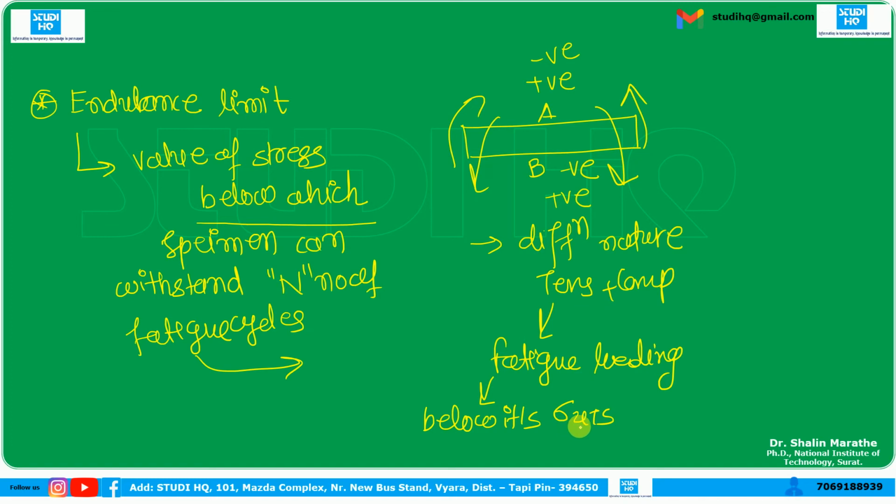That is an altogether separate discussion, but this is the important point to remember: fatigue loading is very dangerous because the material can fail below its ultimate capacity. That is only possible in the fatigue loading condition. If the loading is static, this is not the case. But if the loading is fatigue loading, it can fail before the stress reaches its UTS value. So this is the endurance limit.